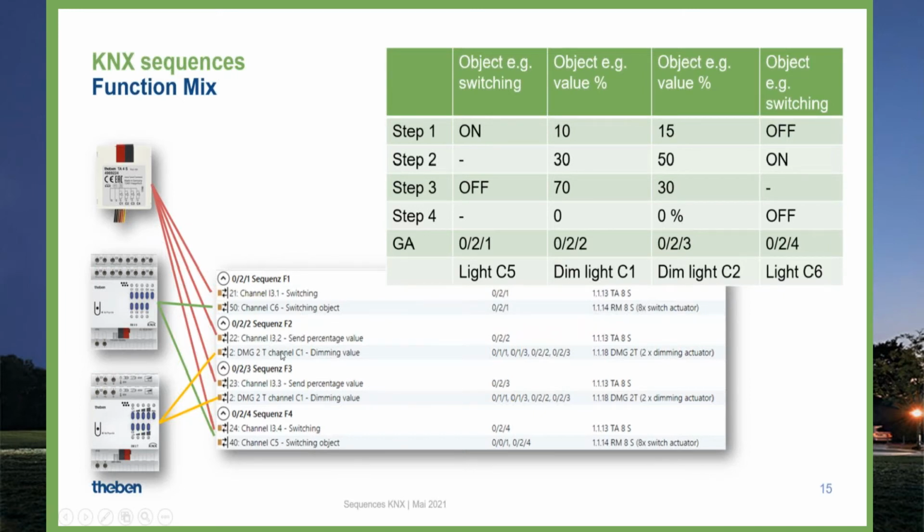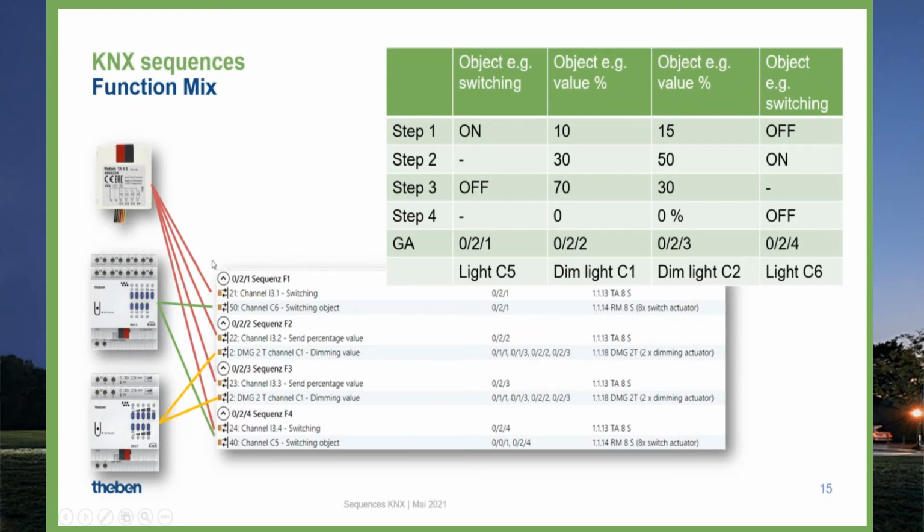The second control demand from sequence 1 is addressed to a dimmer, which is, for instance, this one here. And we address another sequence value on the other channel of this dimmer. And then finally, we control channel 5 of the switching actuator again. So this is finally how it is integrated.